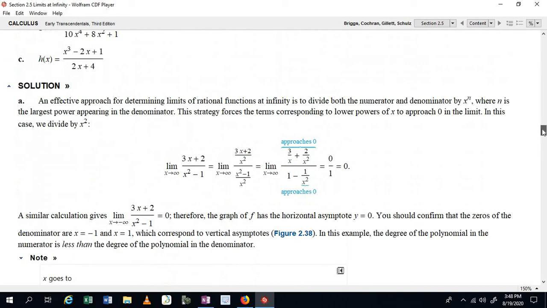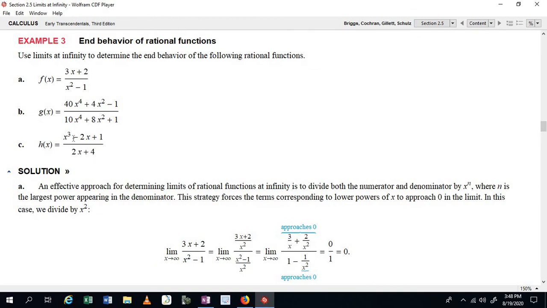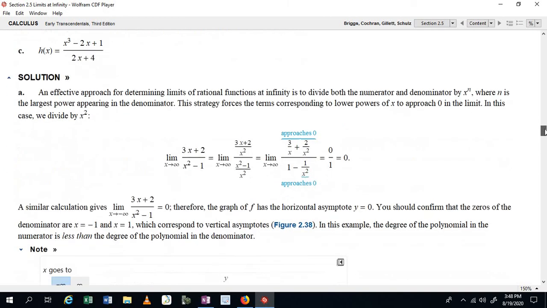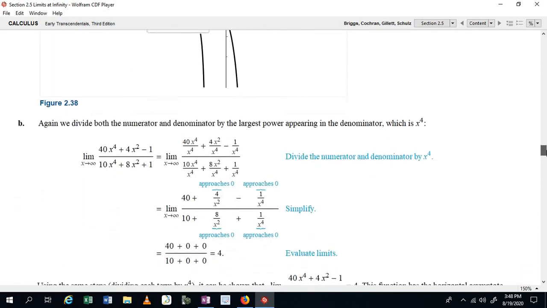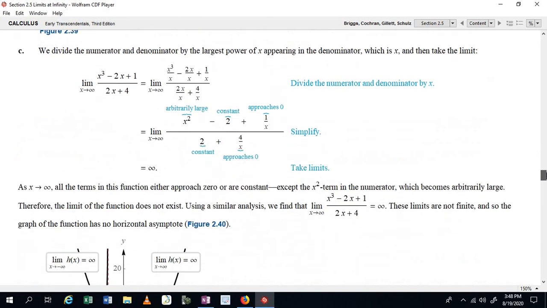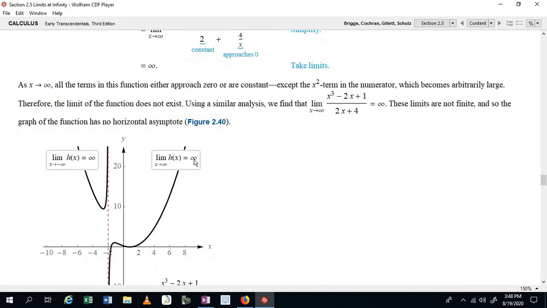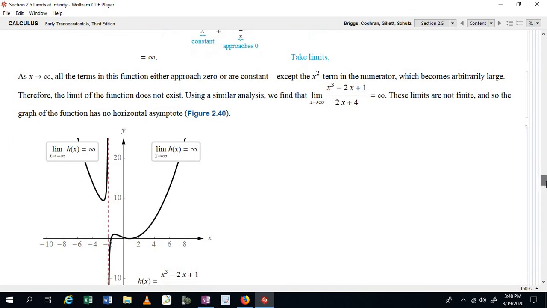Okay, and then the last one that we looked at was this one, and you can see the degree of the top is bigger than the bottom. It's 3 on top and 1 on the bottom. And so this is a case where it's either going to head to infinity or negative infinity. And in this case, they both headed towards infinity on the left and the right. And of course, if that happens, you don't get a horizontal asymptote. But you might get a slant asymptote, but the only time you get a slant asymptote is if the degree is bigger by exactly 1 on the top.